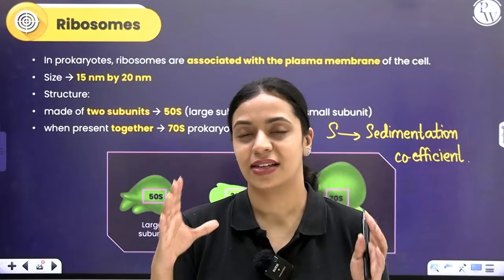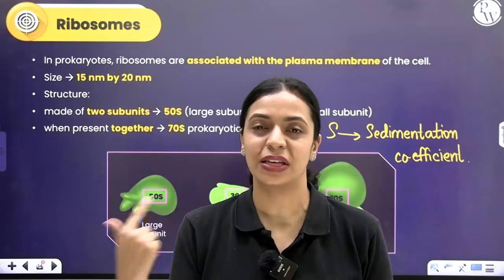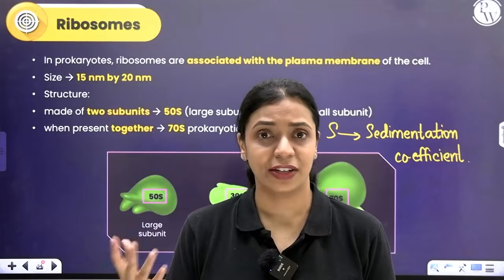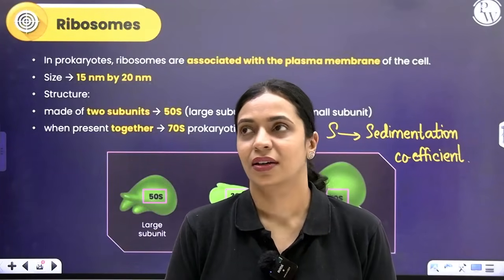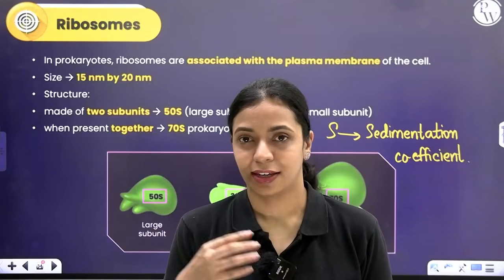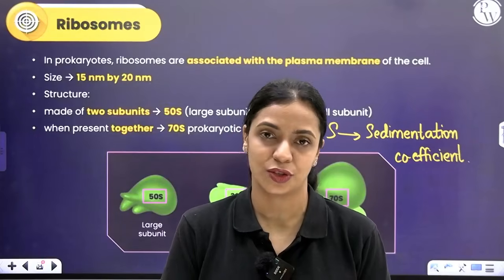In a centrifuge, centrifugation is happening at very high speeds, probably 50 to 75, sometimes 100,000 rotations per minute, for a specified duration of time.